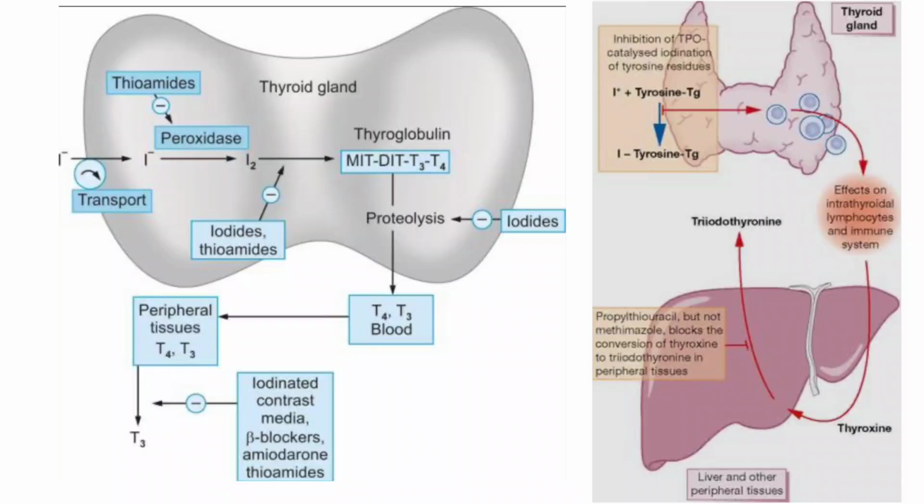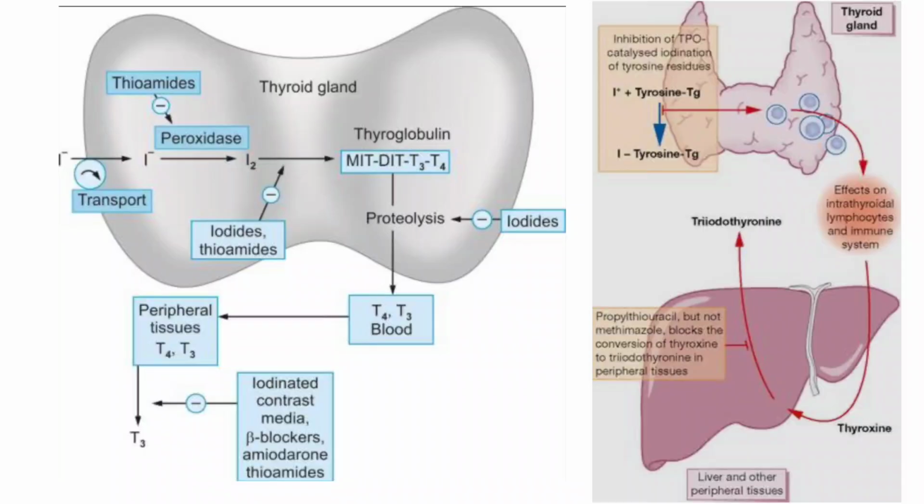So there are drugs which can act on the various mechanisms that the thyroid gland is undergoing. The first drug is thioamides. What do these thioamides do? These are thyroid peroxidase inhibitor drugs, and these drugs inhibit the conversion of I- to I2.